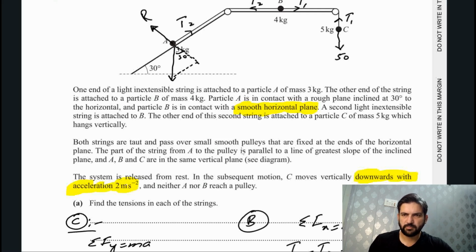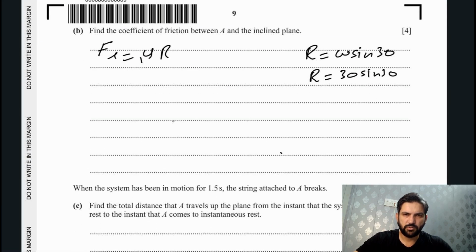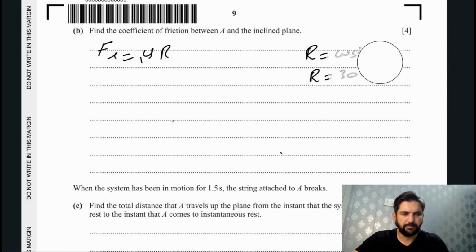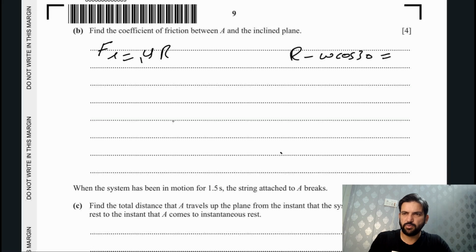So R is equal to W sine of 30, yes. Okay, R will be equal to W cos of 30, yes, because this one is equal to the parallel component, the perpendicular component. Why is it this? Let me explain it to you. We know that R minus W cos of 30 is equal to 0.